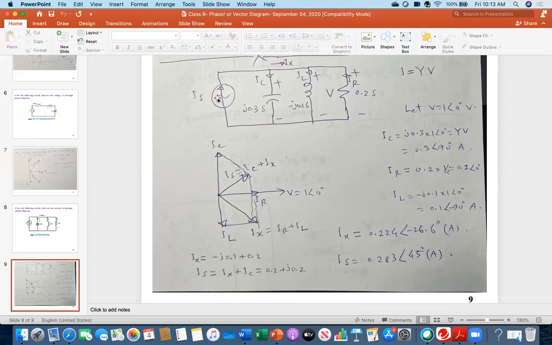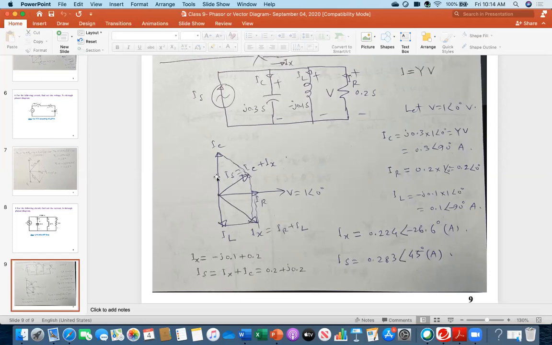And then what was my IS? IS is this current plus IX current. So I just summed those two, and then I converted the current into polar form. Everybody see the final IS, which was this one. In the vector diagram, you can see that it should be an anti-clockwise positive angle. And really I got that, at 45 degrees.